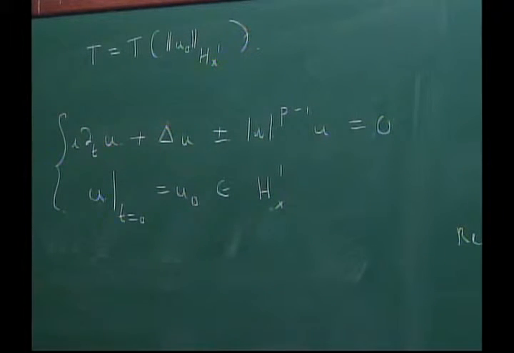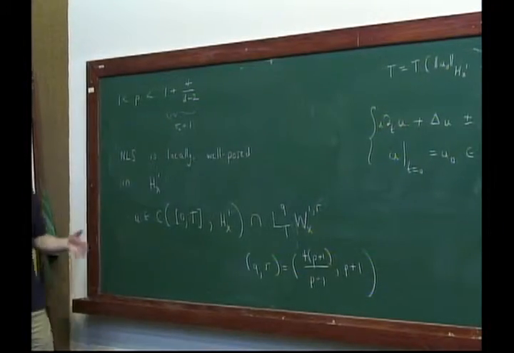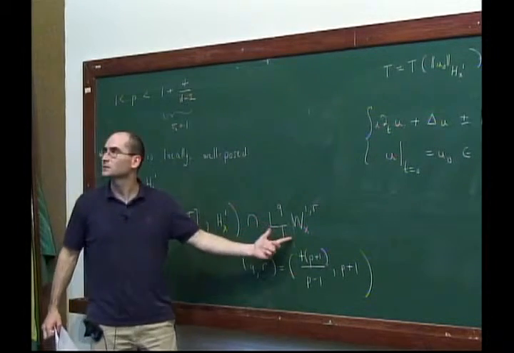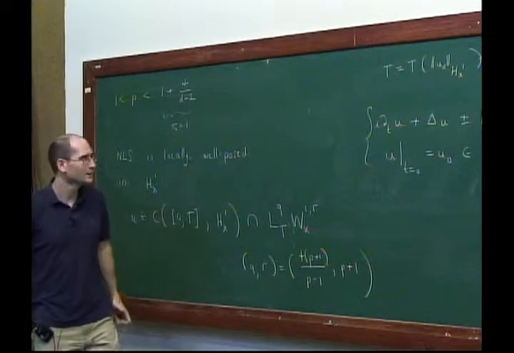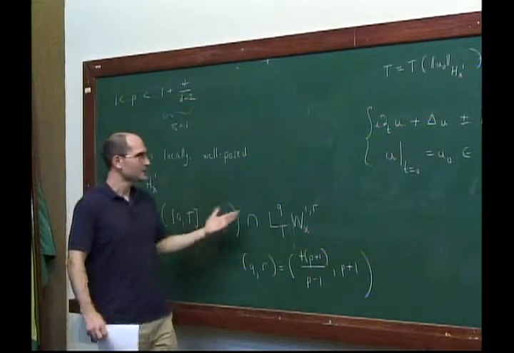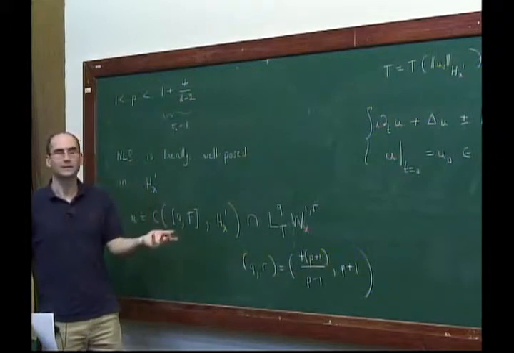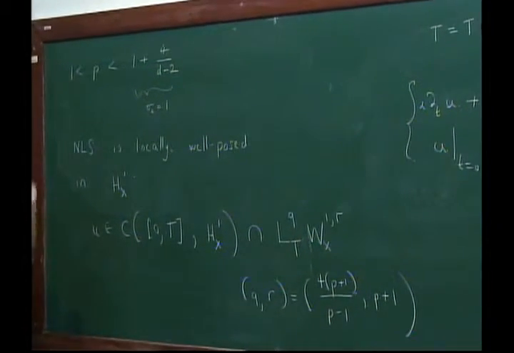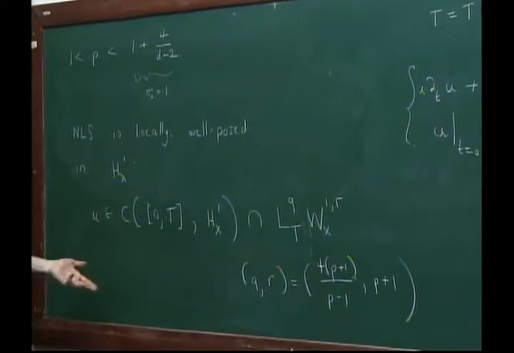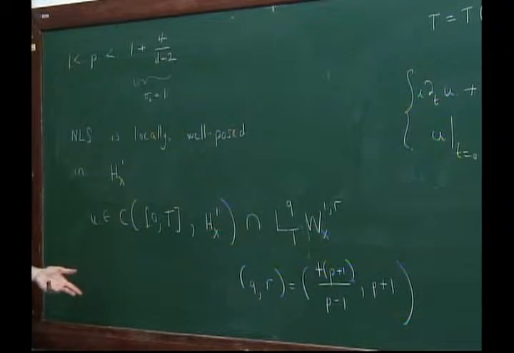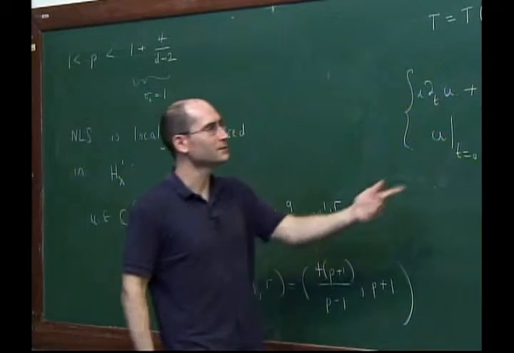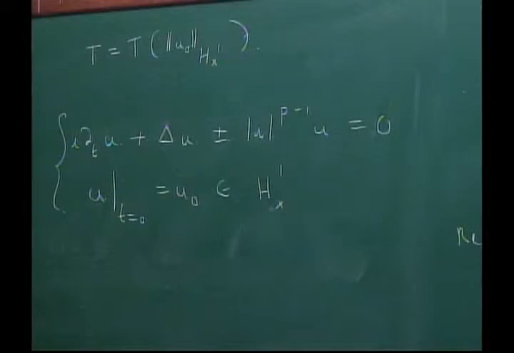There exists a solution u in this function class. Moreover, it's unique in this function class, but for the uniqueness statement, you have to include this auxiliary space too. So you get existence in this intersection, but then the uniqueness claim is also for this intersection. That's a subtle feature of the subject. And you also get continuous dependence on initial conditions. That is, if you look at u of t, let's say t is fixed, and then you vary u0, then u of t will vary continuously as a function of u0.